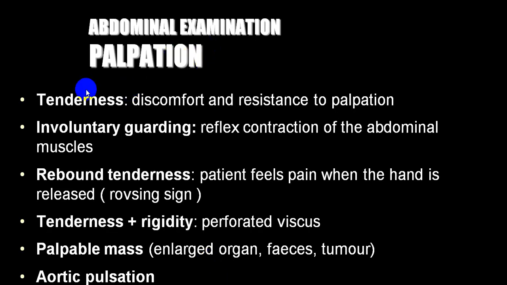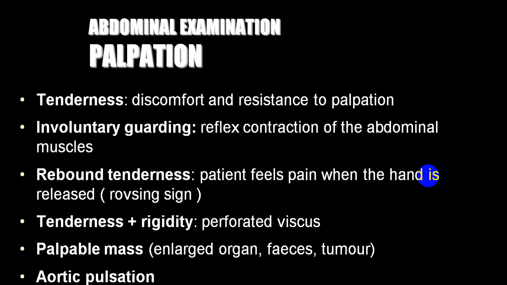While doing superficial palpation, you will be able to identify rigidity, but in deep palpation, tenderness, guarding, and rebound tenderness. This is given the name Rovsing sign: while you are pressing in the left iliac fossa over the sigmoid colon and you suddenly release it, you get a pain in the right iliac fossa in an inflamed appendix.